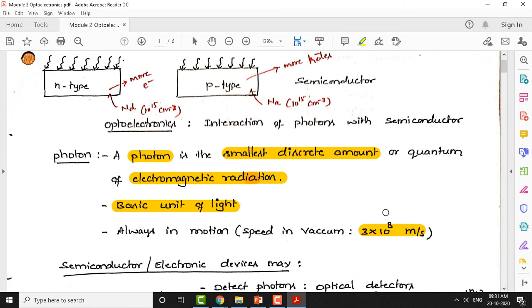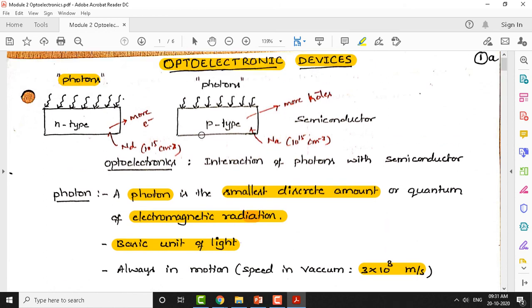If you look at semiconductors and their relation with photons, whenever light energy is made to fall on an n type semiconductor, what is going to happen? You have seen the energy band diagram of n type and p type semiconductors.